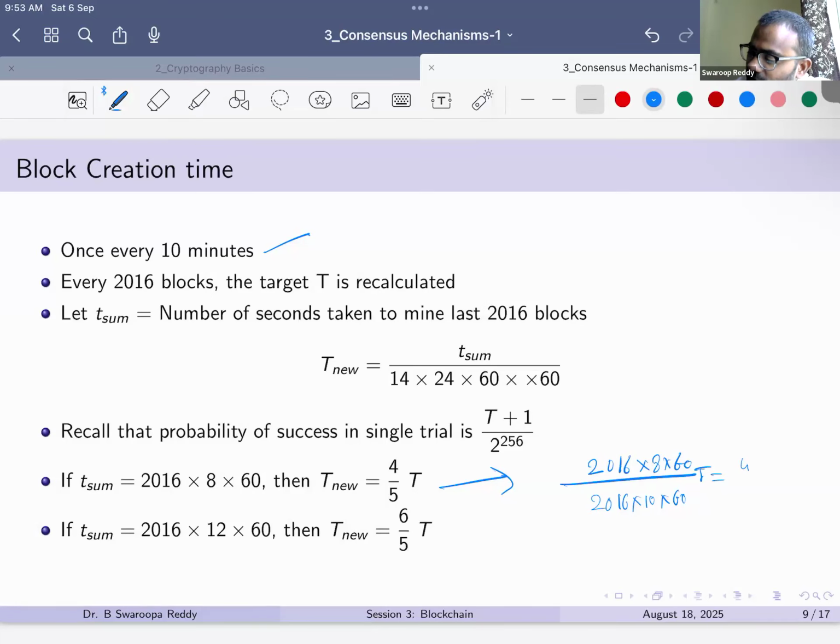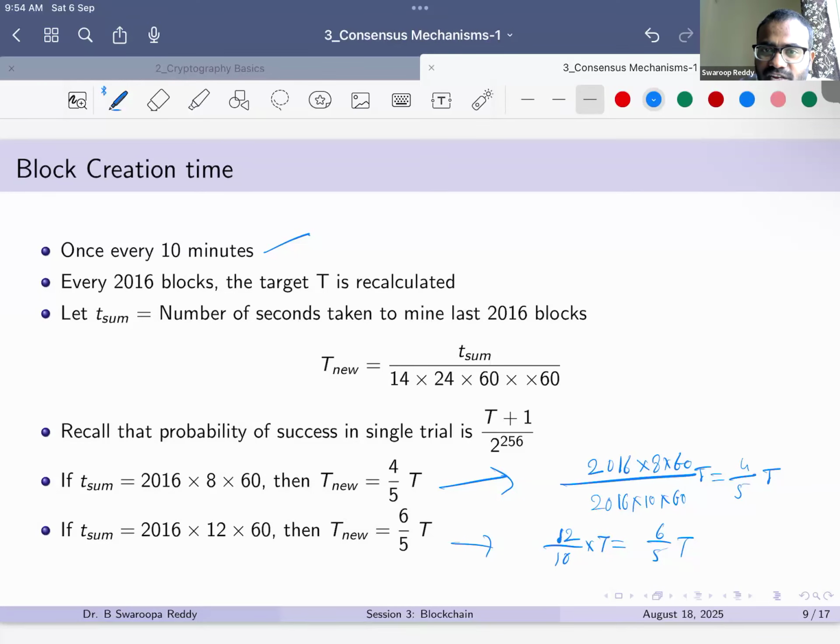If we solve this, it will be 4 by 5 t. Similarly, if this exceeds the 10 minutes, for example 12 minutes, then the new value will be 12 by 10 into t, that is 6 by 5 t. So this is the adjustment procedure.